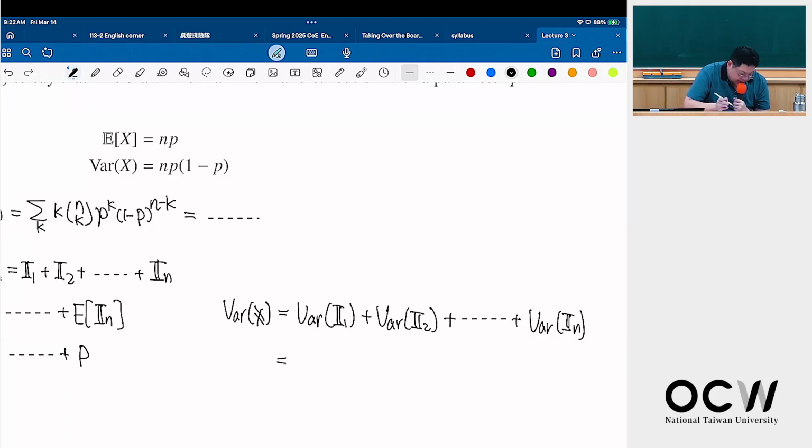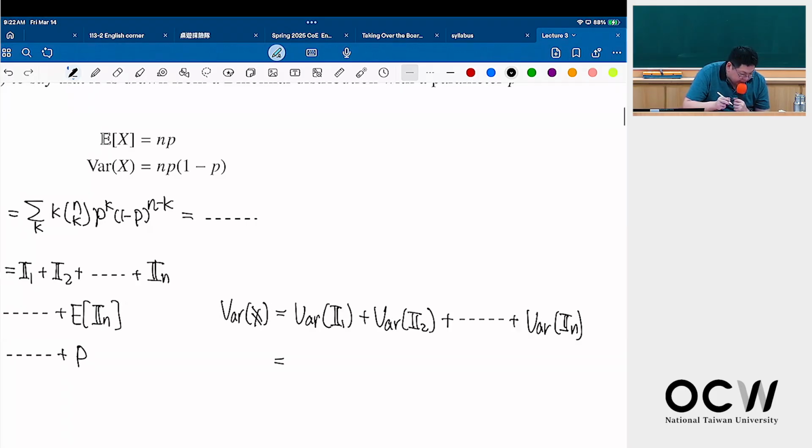And we know for the variance of the Bernoulli random variable, that is p times 1 minus p. So here is also p times 1 minus p.